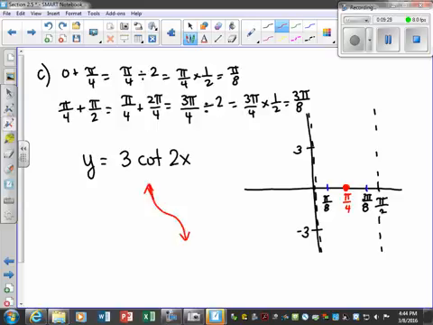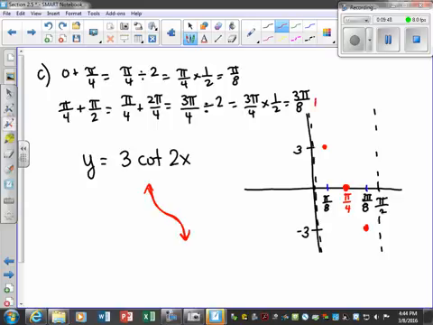As I go from left to right, it decreases. I know by my parent graph that a cotangent function looks like that. So when I graph this, at pi eighths I'm going to be up here, and at 3 pi eighths I'll be down here at negative 3.